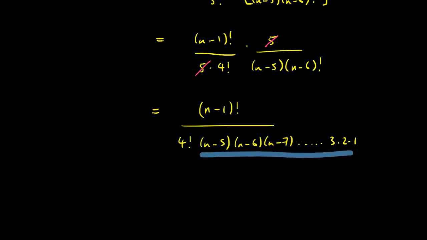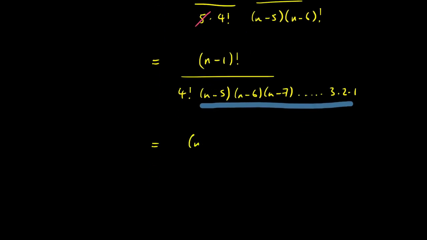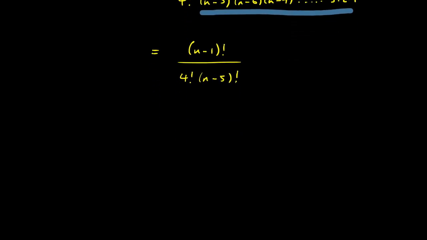So I can then say, all right, this guy is now n minus 1 factorial over 4 factorial times by n minus 5 factorial. And if we really want to be extra super duper clear, this is n minus 1 factorial over 4 factorial times n minus 1 minus 4 factorial, which is the same thing as n minus 1 C4.